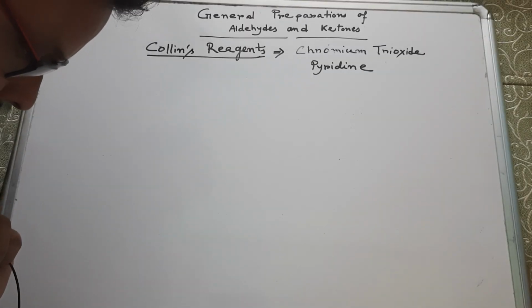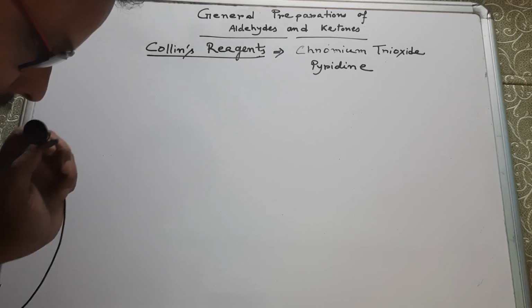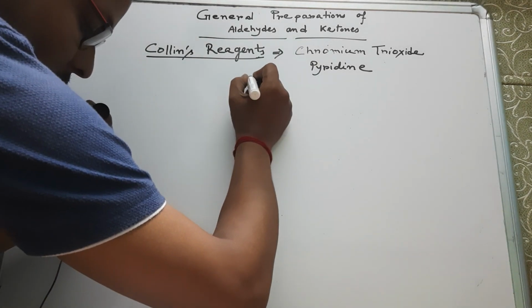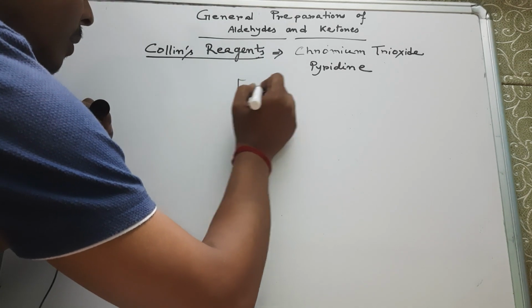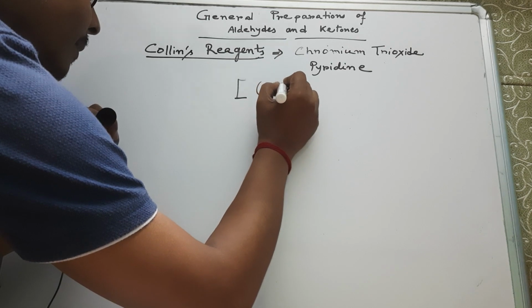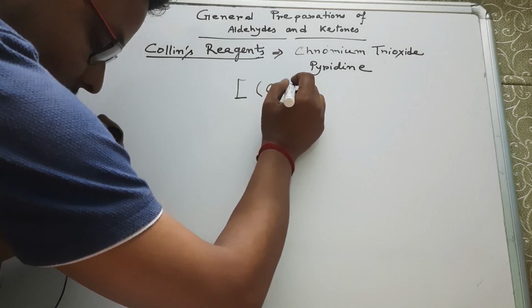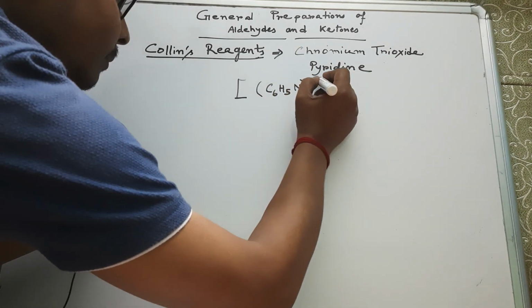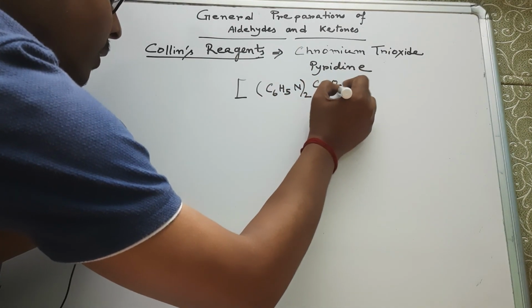So what is the formula? The formula is (C5H5N)2CrO3.